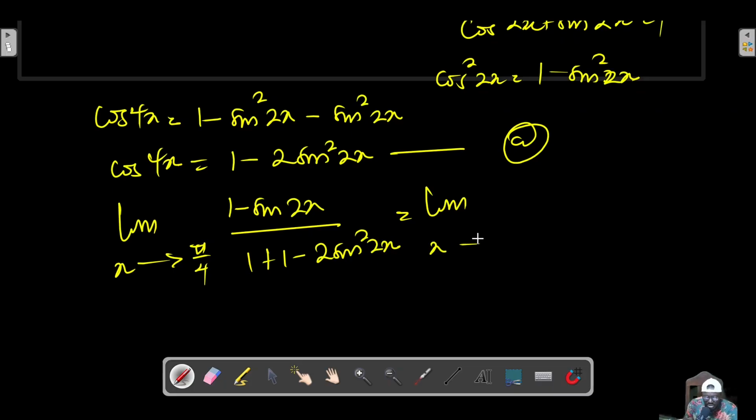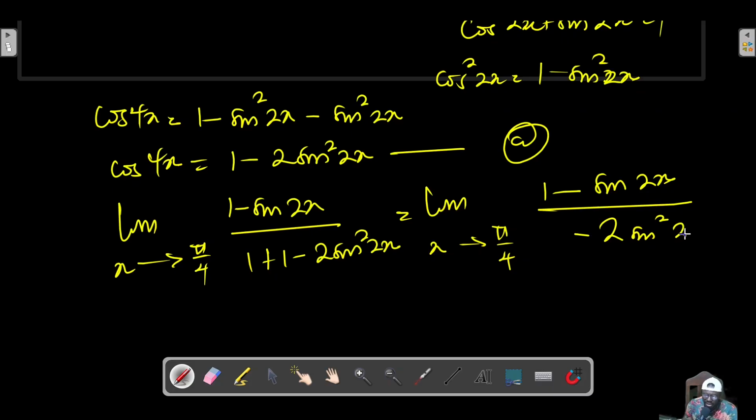So this is quite simple. On the numerator we have 1 minus sine 2x. On the denominator we'll be having negative 2 sine squared 2x.